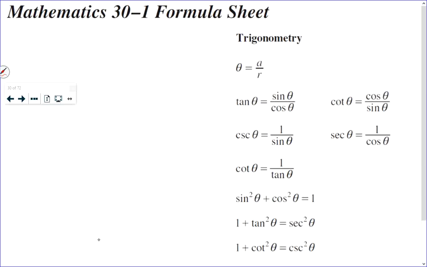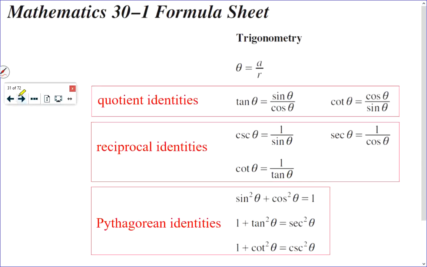So on your formula sheet, you have the arc length formula, and then you have all of these identities. You are expected to know the names of them. You'll learn why later, but you are expected to know that the quotient identities are tangent equals sine over cosine, cotangent equals cosine over sine.